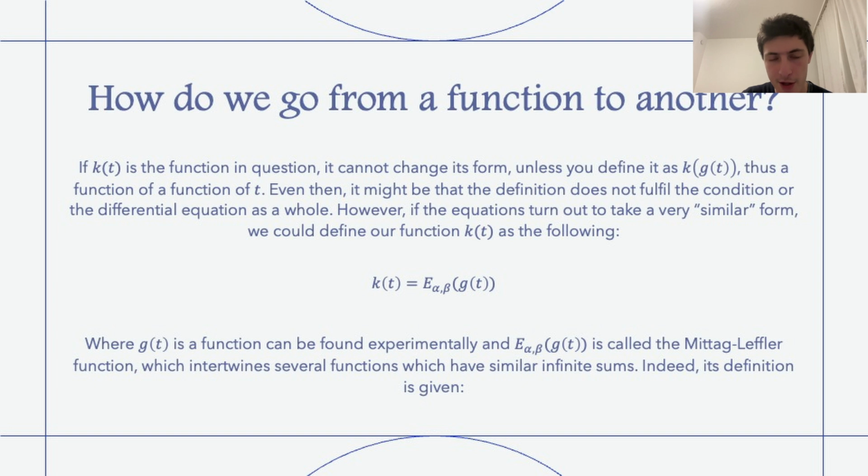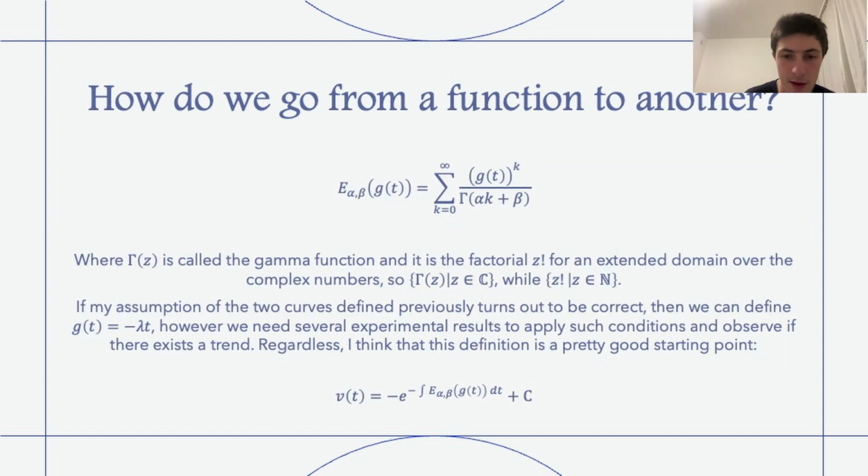This function actually intertwines other functions, like elementary functions as well, which have a very similar infinite sum when you expand them. And thus its definition is given in our last slide, which is this sum here.